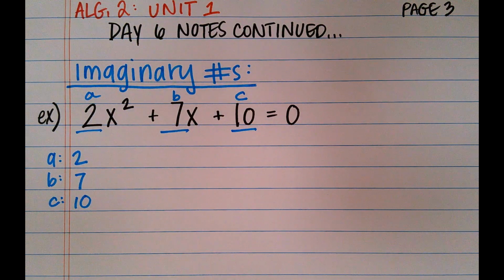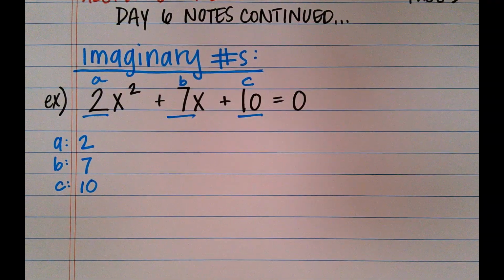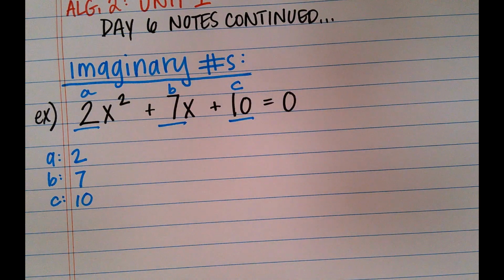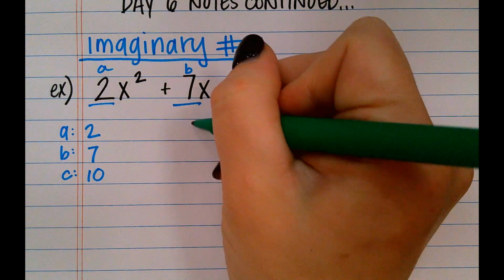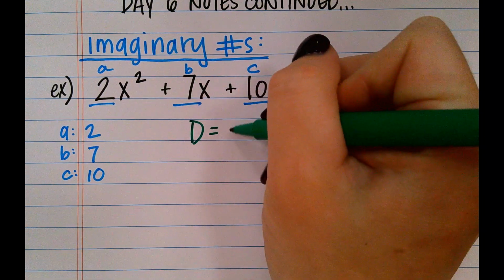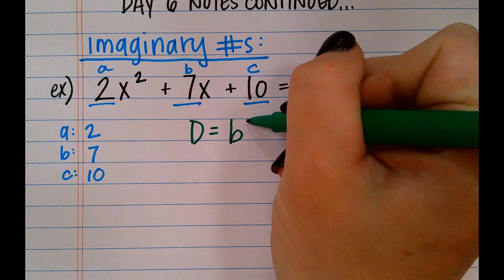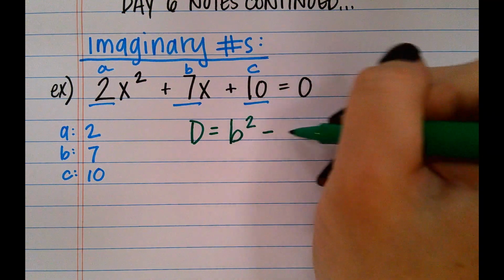Okay. So, we're going to start solving this, and we're going to see how this equation is going to give me imaginary numbers. So, first we're going to find the discriminant. And remember, the discriminant is b squared minus 4ac.